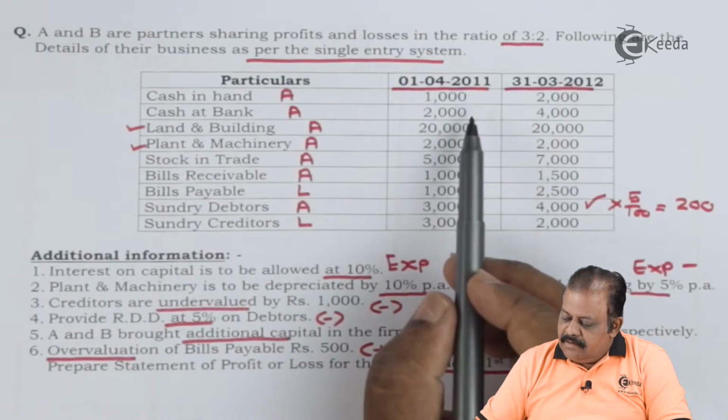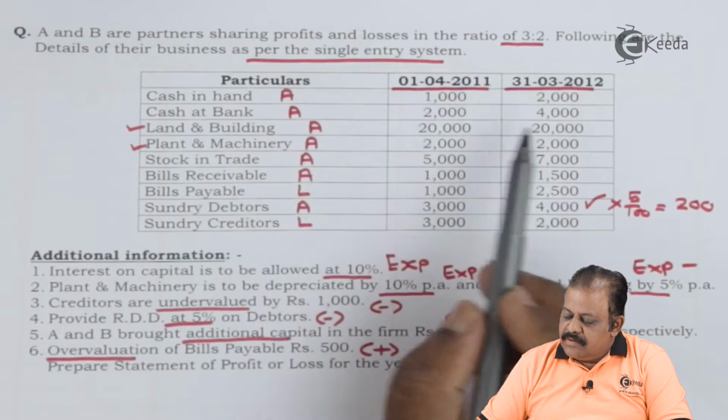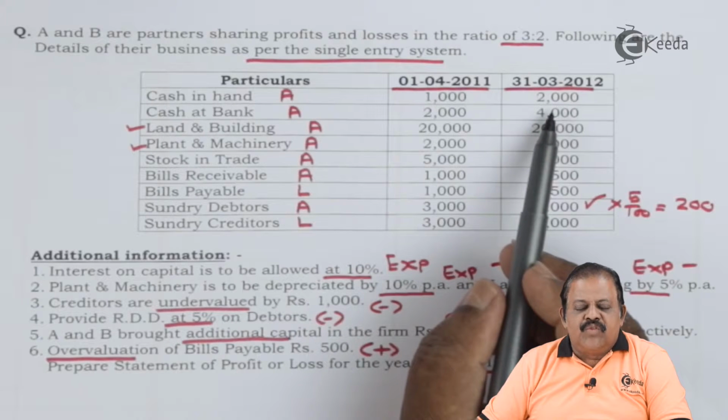First, cash in hand, opening 1000, closing 2000.